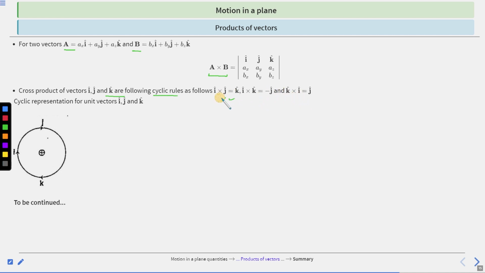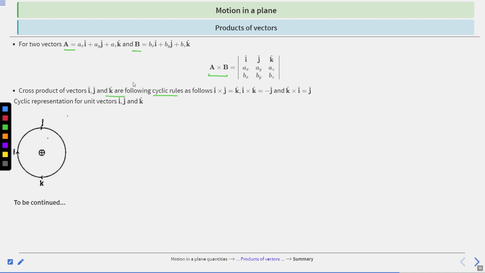So we can understand it as I cross J gives K, J cross K gives I, and K cross I gives J. And if we go in the opposite direction, the cross product gives a minus sign. Clear?